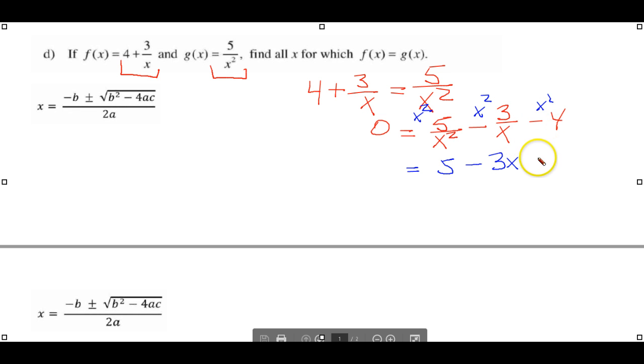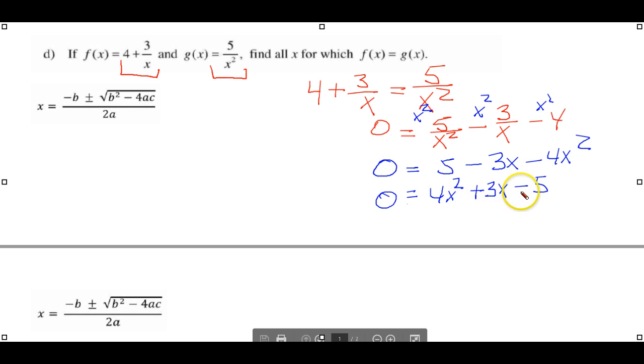And this becomes a negative 4x squared. Now, what I'm going to do is multiply every term by a negative 1, change my signs. So this will become a positive 4x. And when we do, it looks like this.